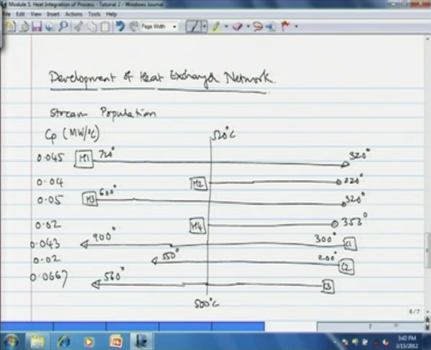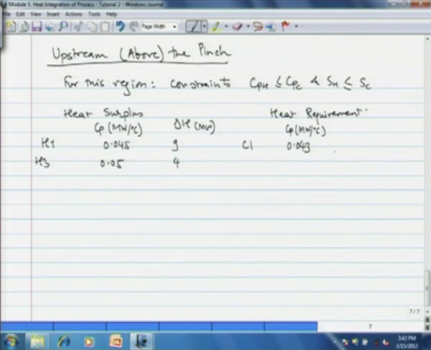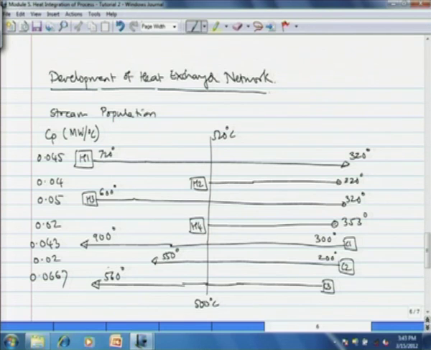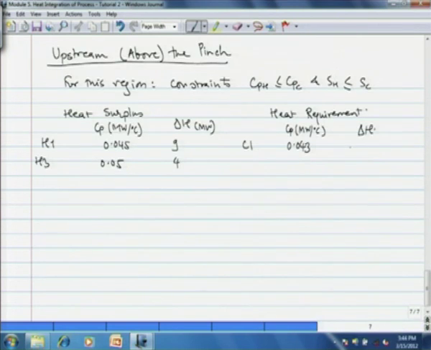So, 200 degrees jump and then the delta H that is required is 17.2. Oh sorry, we are considering above pinch region. So, C1 is going from 500 degrees to 900 degrees. So, 400 degrees jump, therefore, the delta H is 17.2 megawatt, heat requirement of C1.